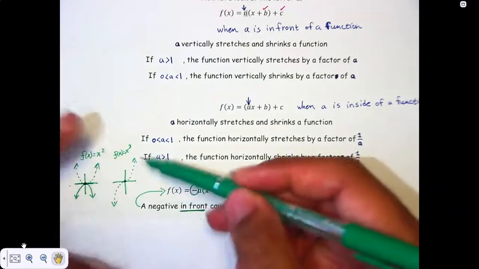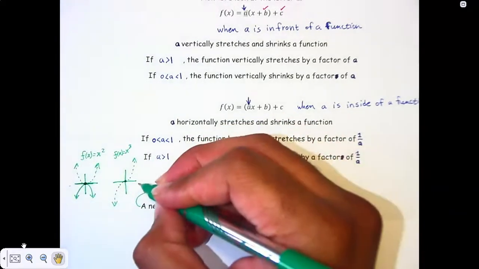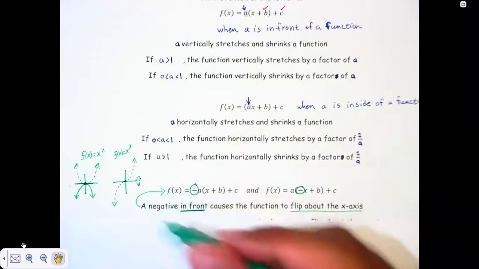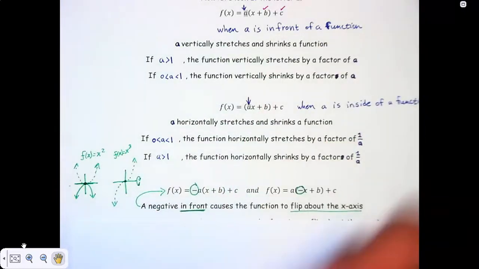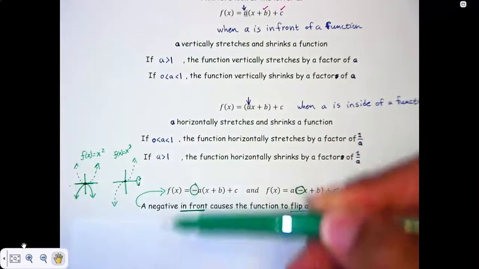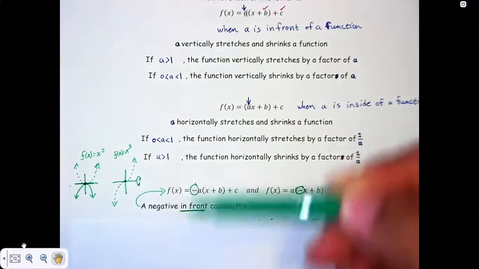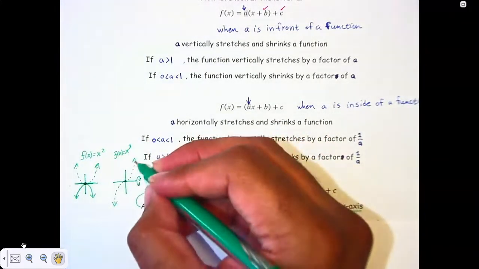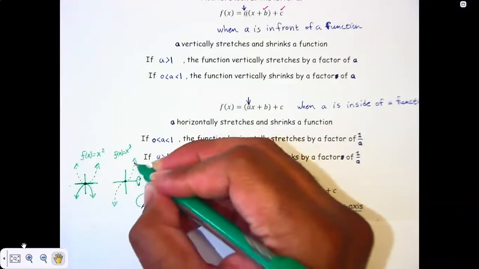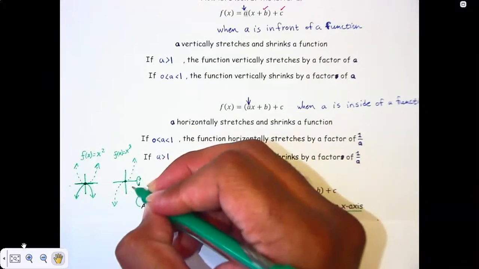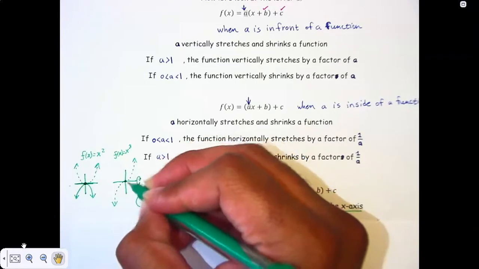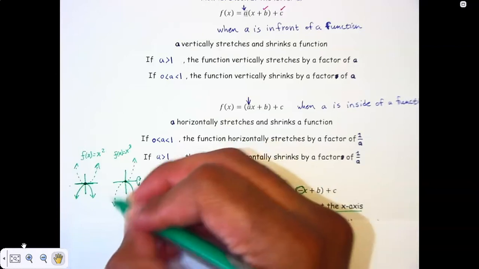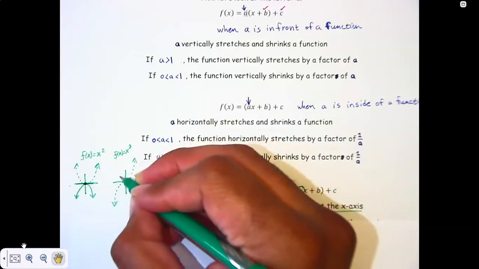So we're going to rotate it this way, everything rotates around this way, like the way a wheel goes around. So that means this whole piece right here is going to come down, coming down this way. And this whole piece right here is going to flip up, and it's going to go this way.